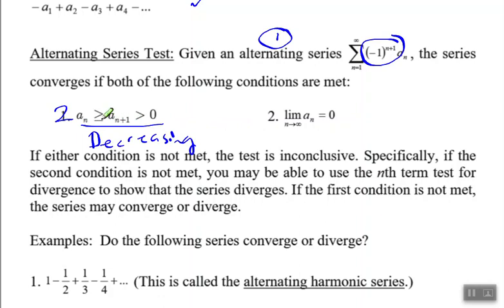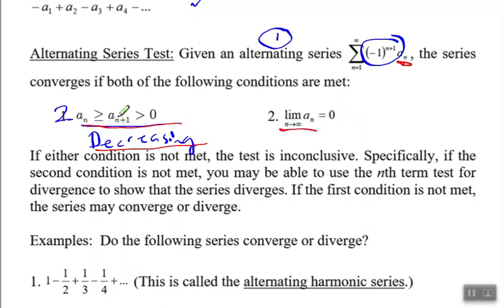And it's always positive if I'm only focusing on this a sub n part. And I should probably change that to red. We're just talking about the a sub n, not the alternating part. We're kind of done with that. So is it decreasing? And is that last term, is the limit equal to 0?